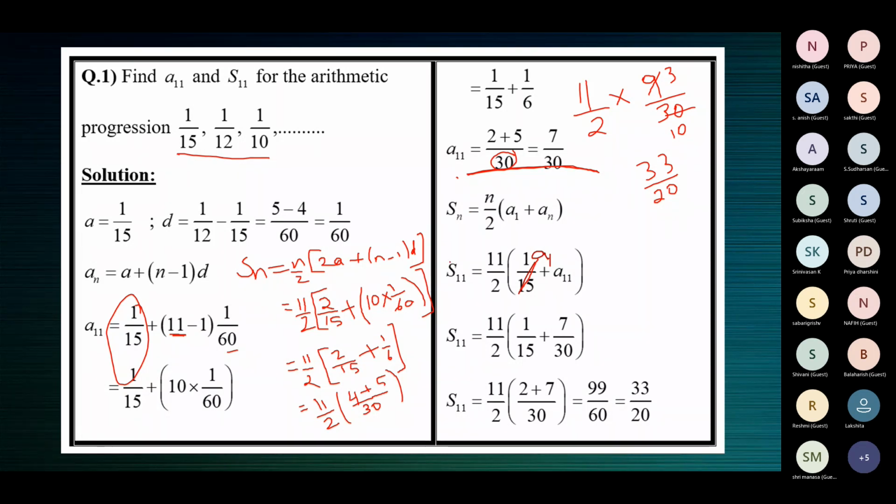Here you want to find S11, that means A1 plus A2 plus A3 till A11. So A11 is the last term. The AP may have 100 terms, but you want the sum of the first 11 terms, so the 11th term is the last term for you. For S100, A100 is the last term.